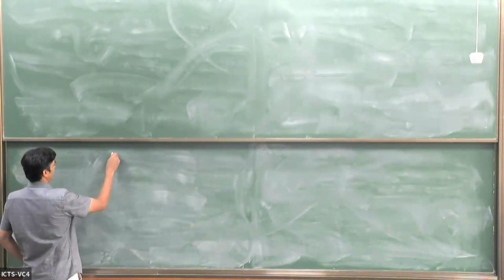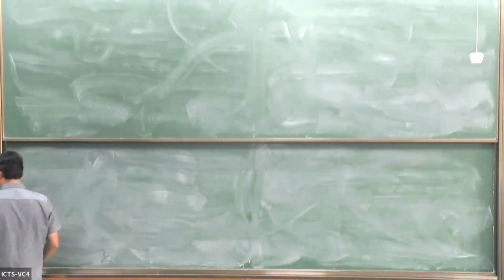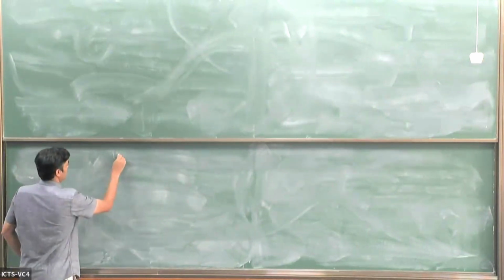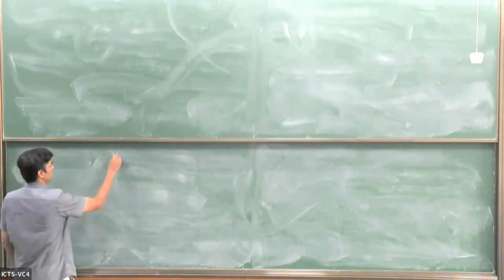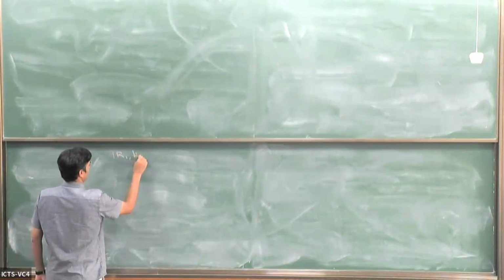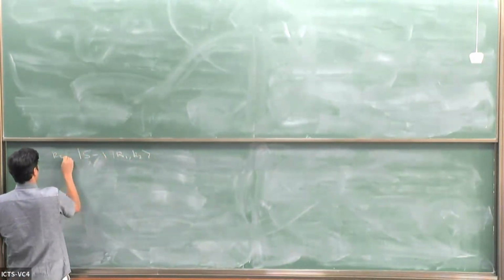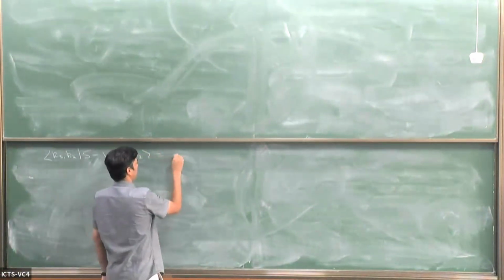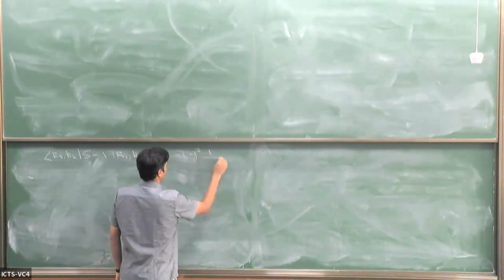We derived several results. We found that this was minus i g squared times 1 over k1 minus k3 squared minus m squared plus epsilon, plus 1 over minus k4 squared.